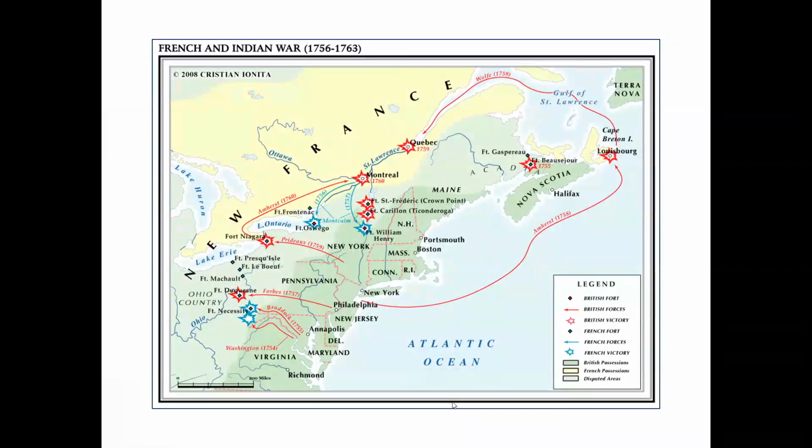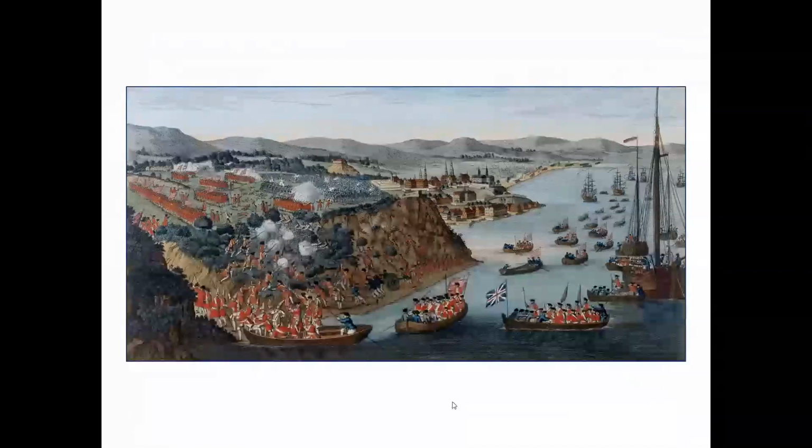And the British also were able to use their massive economic power. And they were able to use the Royal Navy. And the Royal Navy, I haven't talked about, but the Royal Navy is a big factor for why the British win. They're able to sail up the St. Lawrence River, and we can see here they're climbing the heights of Quebec, and they win the Battle of Quebec in 1759.